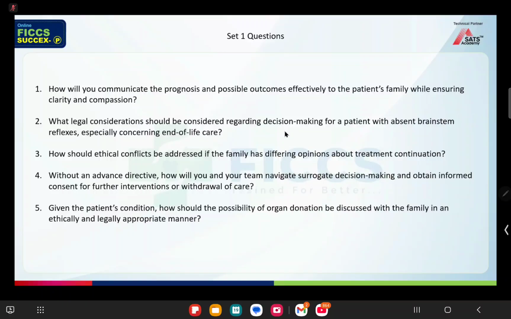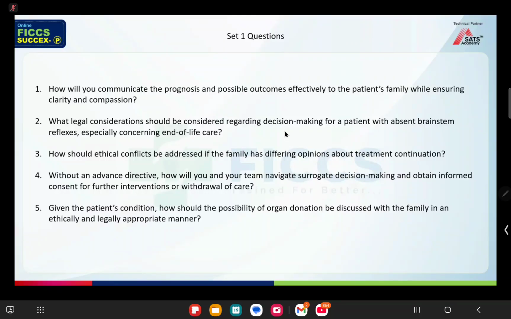Yeah. Then the ethical conflicts to be addressed with the family with differing opinions. This is something which again we come across in our day-to-day management also. As you very rightly said, even if one of the family members is saying no, then we should not be going ahead. That is it. The entire family should be in consensus.